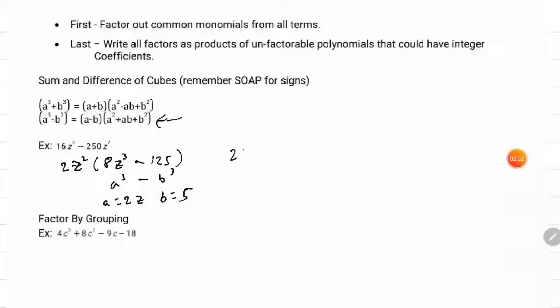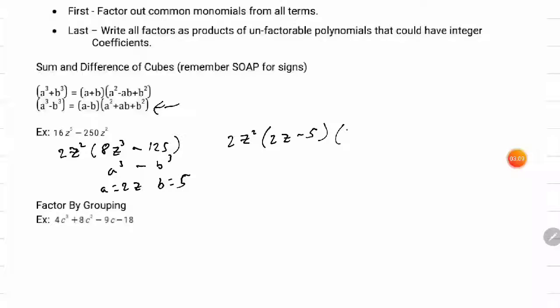So first off, I still have that 2z squared up in the front, and then parentheses a minus b, so 2z minus b, so b is 5, times the quantity a squared, which is 4z squared, plus a times b, so 2z times 5, which is a positive 10z, plus b squared, which is 25. And that's it.